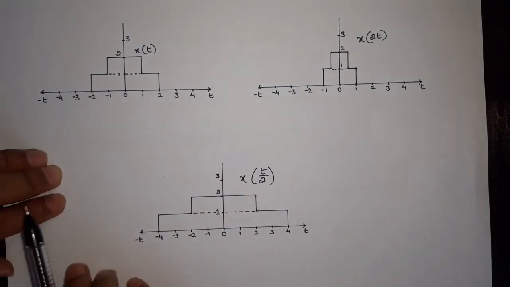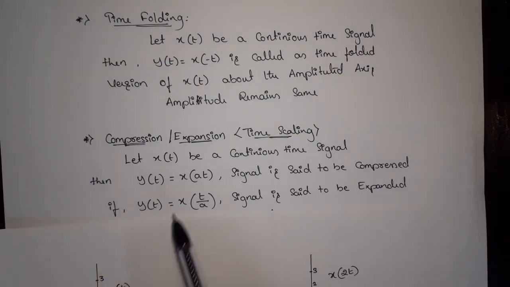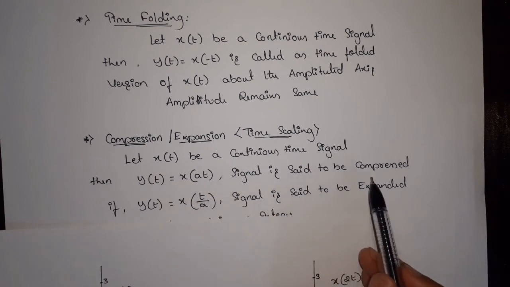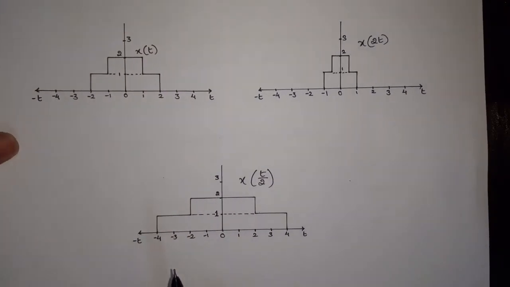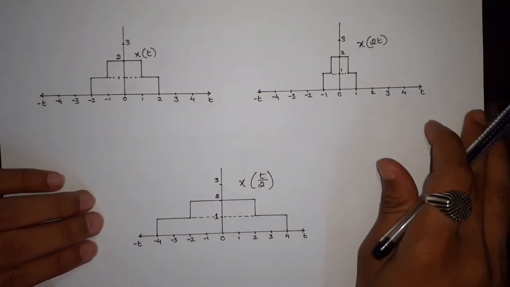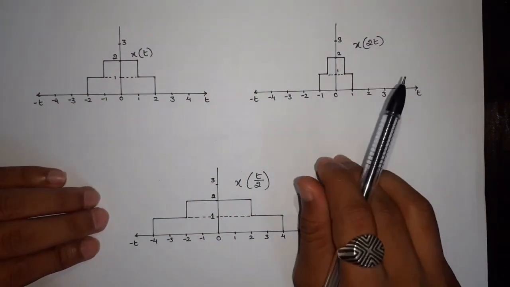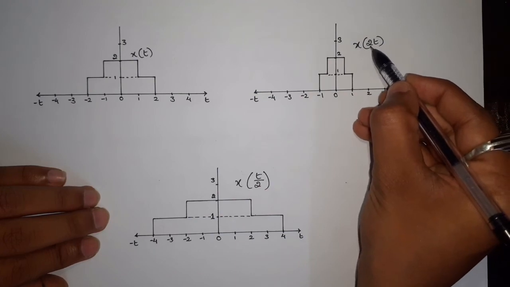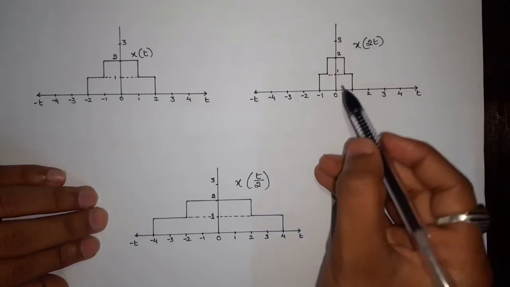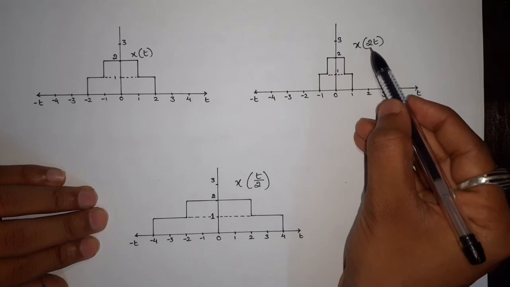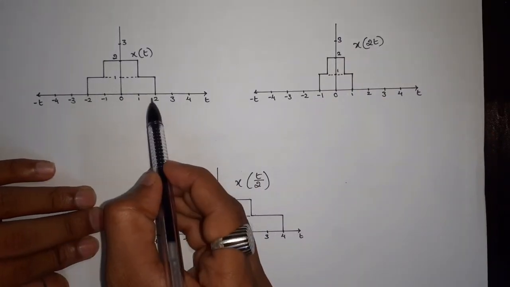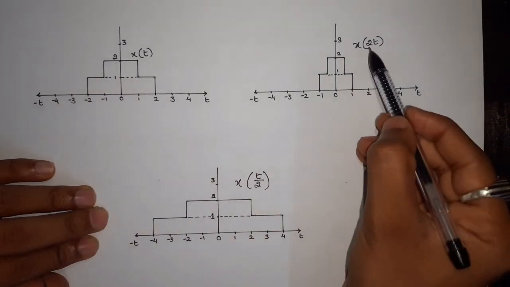Now as we discussed, if y of t is equal to x of a times t, then the signal is compressed. Let a be equal to 2. x of 2t means the signal is compressed by 2. Previously it was -2 to +2, and we are dividing it by 2.